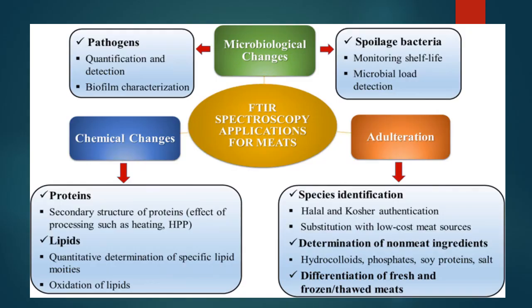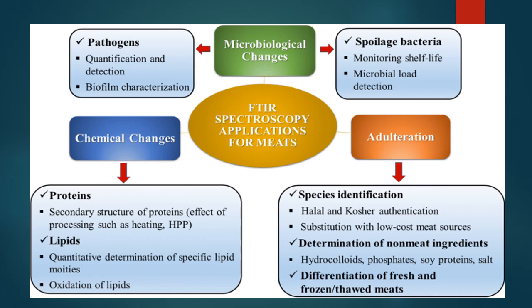Here we can see modern high-tech applications in quality control for different aspects of meat quality. One is the microbiological aspect, where spoilage bacteria can be monitored or detected very quickly with modern technology. Pathogens can also be detected and quantified very quickly.